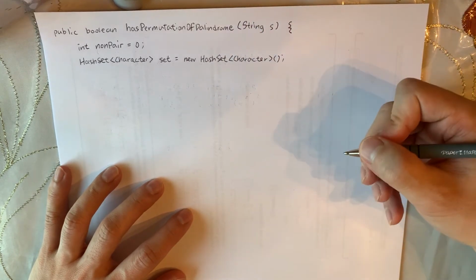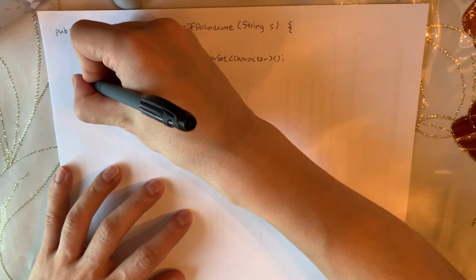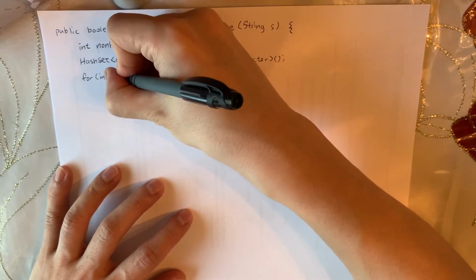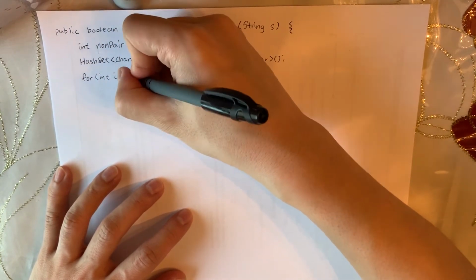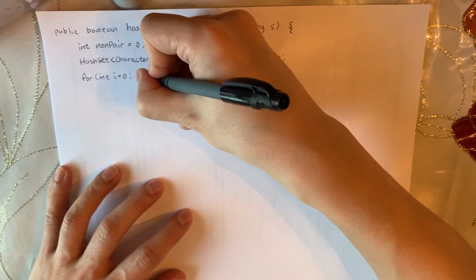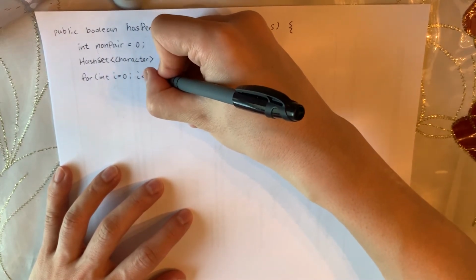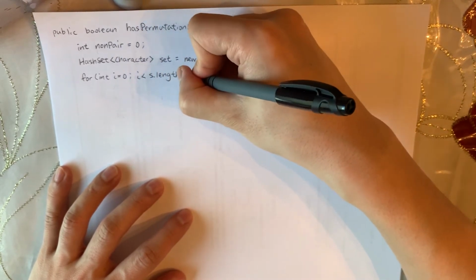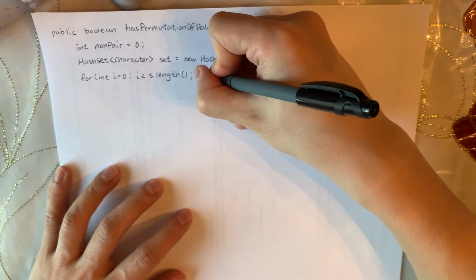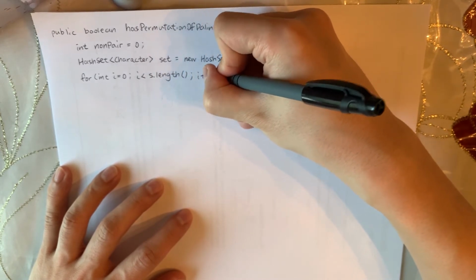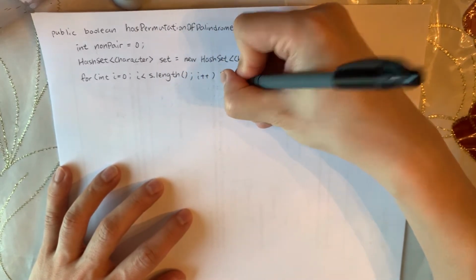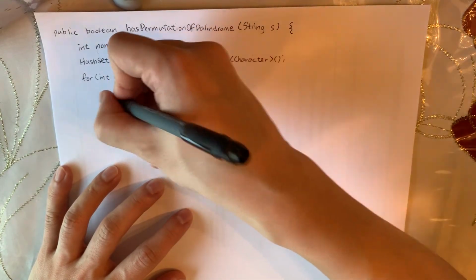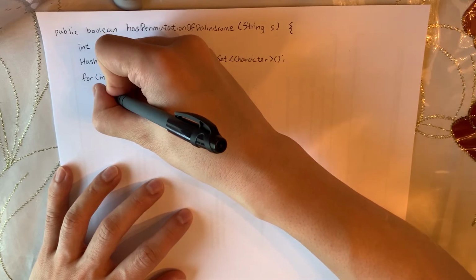Okay. So now we can iterate through the string: i less than s.length, i plus plus. We want to get the current character at index i.